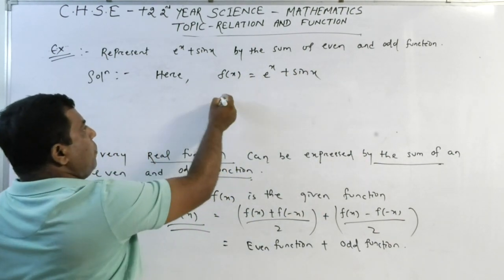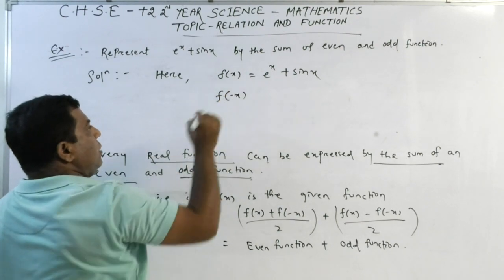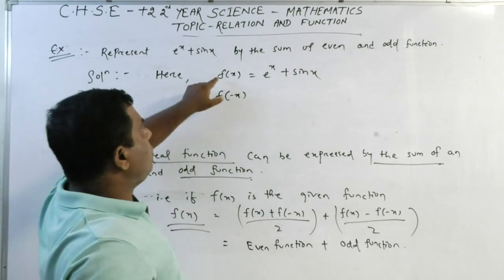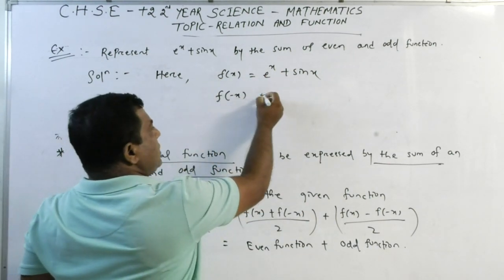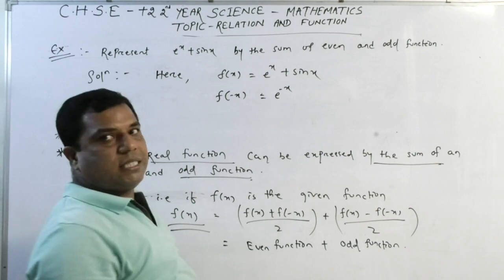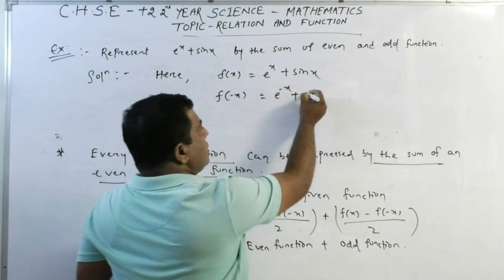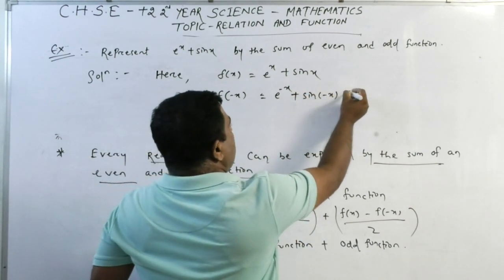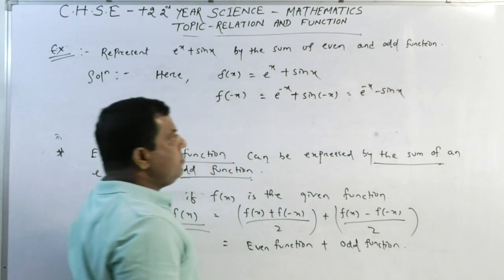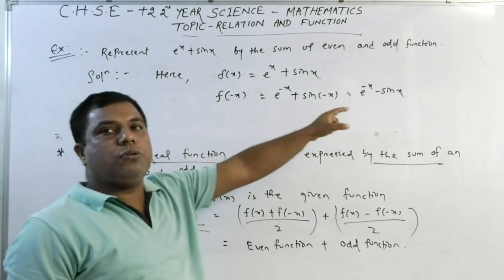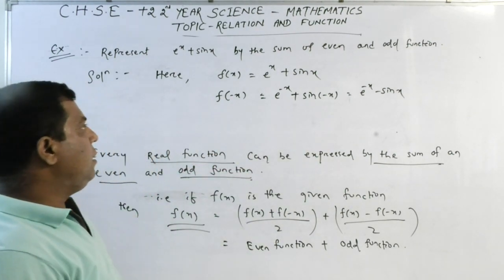And if it is f of x, what is f of minus x? It is e to the power minus x plus sin of minus x, which is equal to e to the power minus x minus sin x.